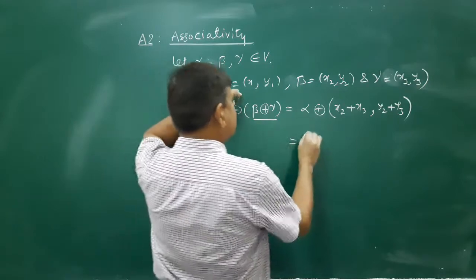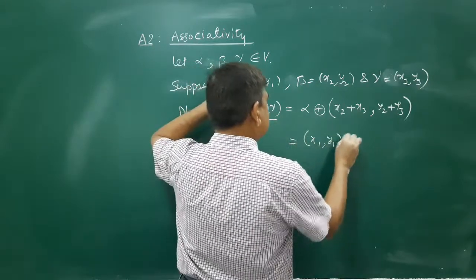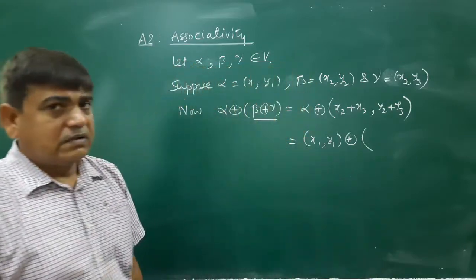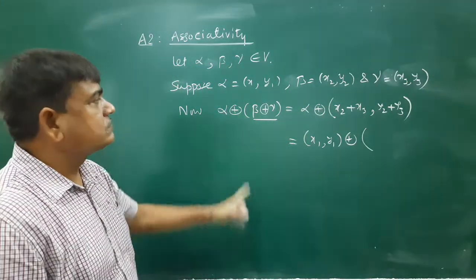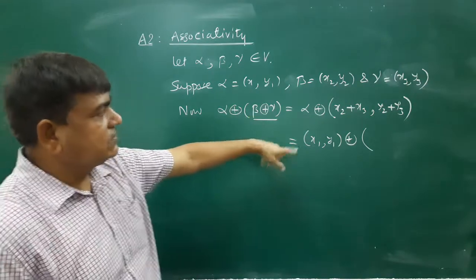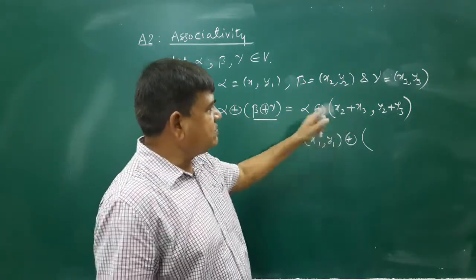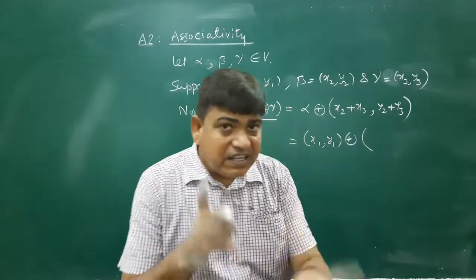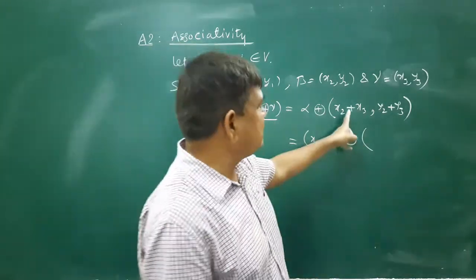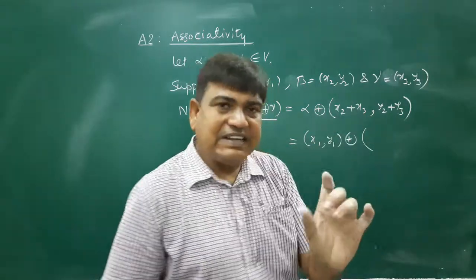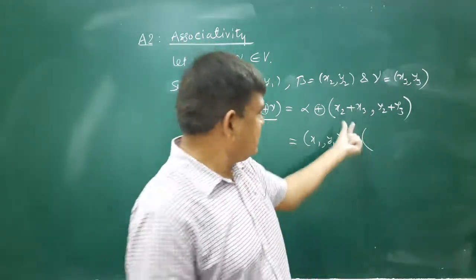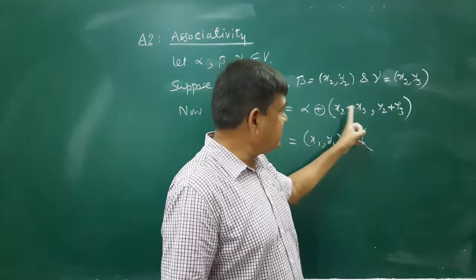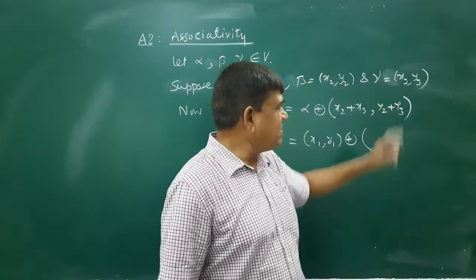Alpha, that is x over alpha. Operation is this. Be careful. Look at the operation, this plus sign and this plus sign. This is the ordinary addition, that is the addition of real numbers. Pay attention: addition of real numbers, addition of real numbers.